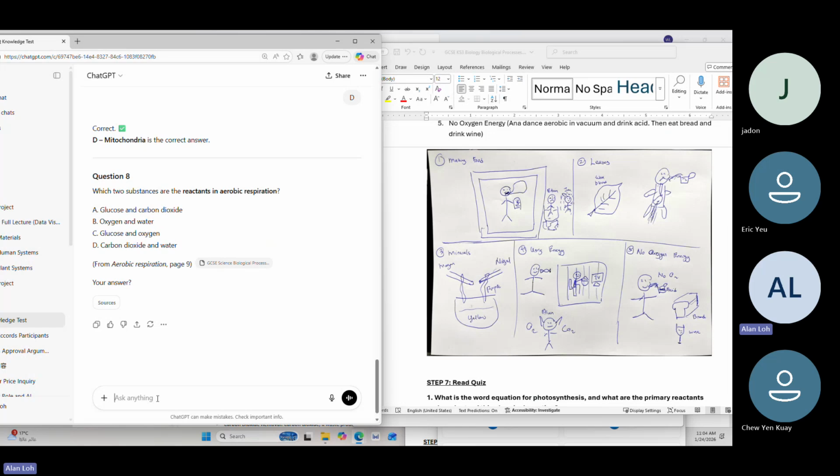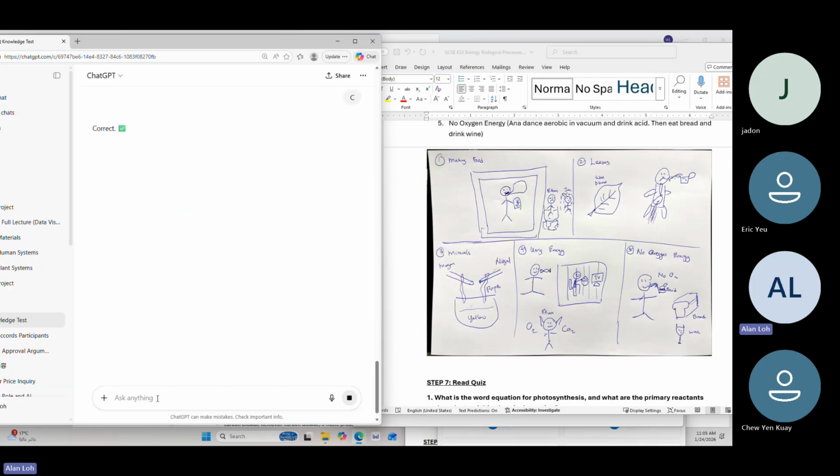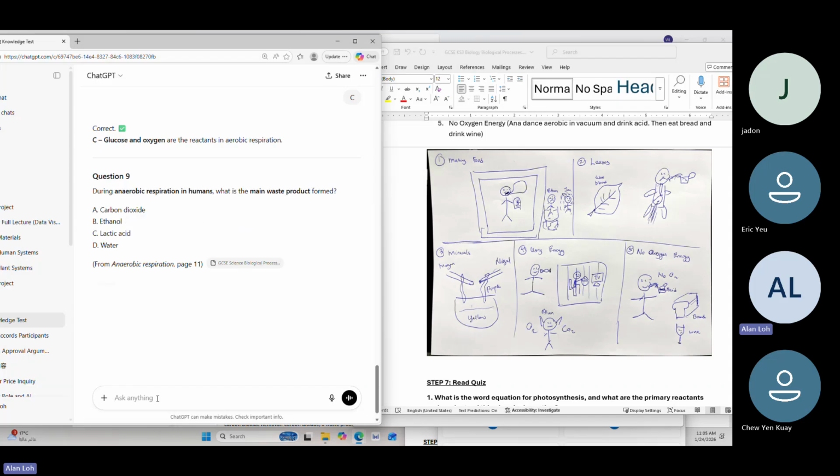Glucose and oxygen. Anyone object? What is the product? Product is carbon dioxide and water. Okay. The answer now is C. Reactant and product. Reactant first, then product. Okay, next, Xuan.